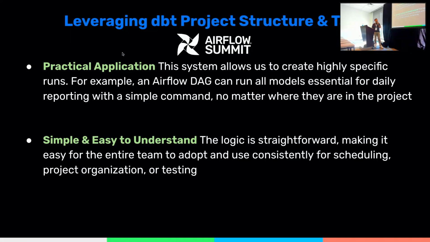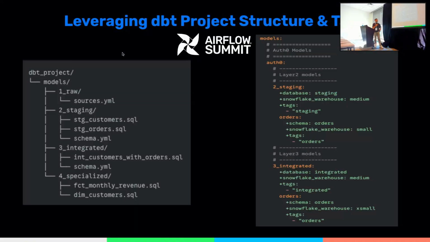But not everything is perfect, and there are some small issues that you can face when using this. I'm just going to show you a small example of how tags work. As I mentioned before, you can have a staging folder, for example, and the tag that you define at the beginning is inherited by all the different folders, and the same for integrated.